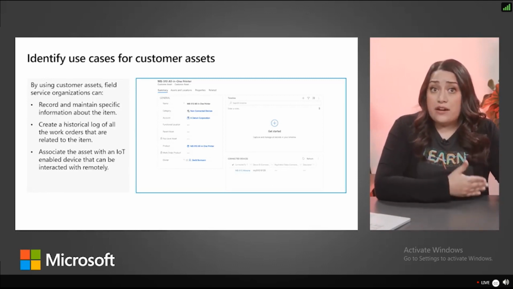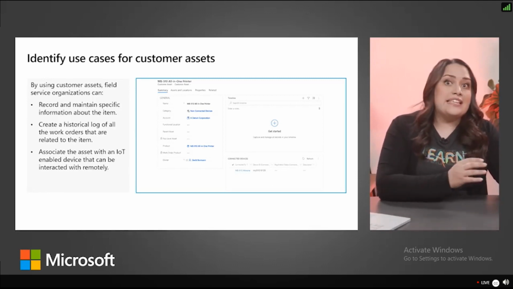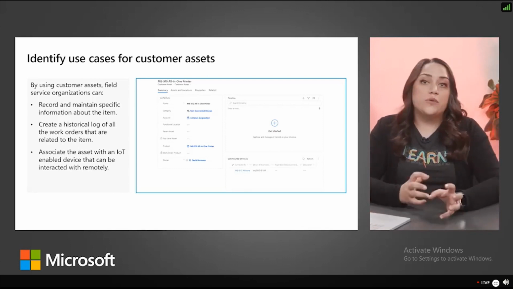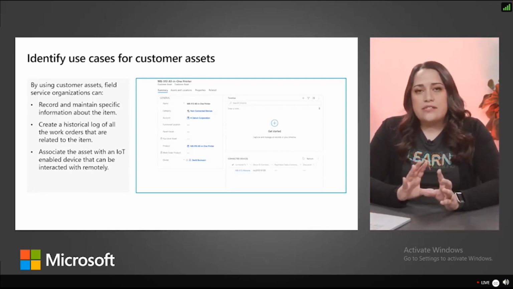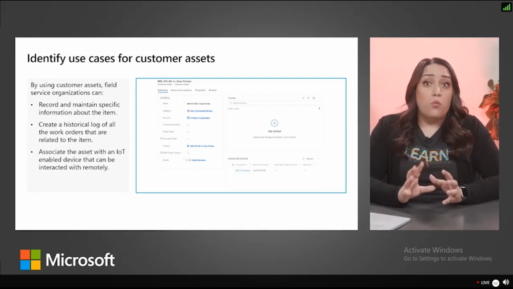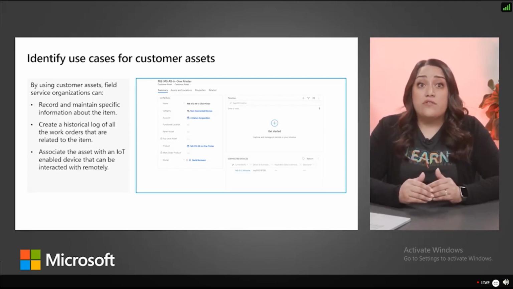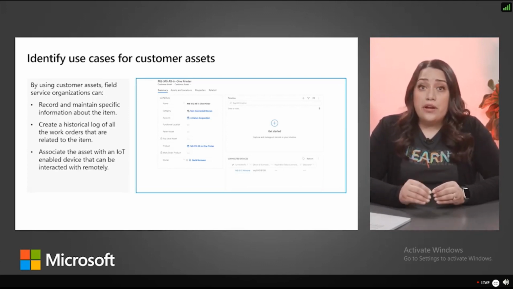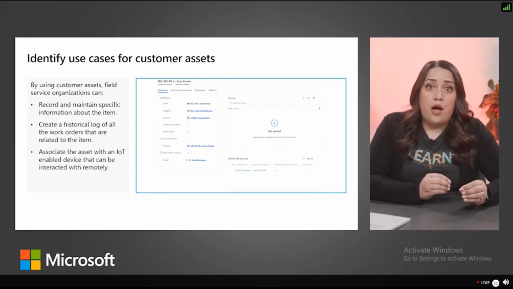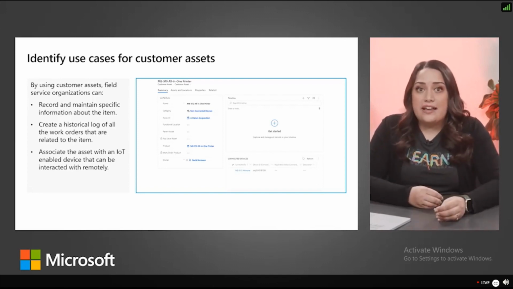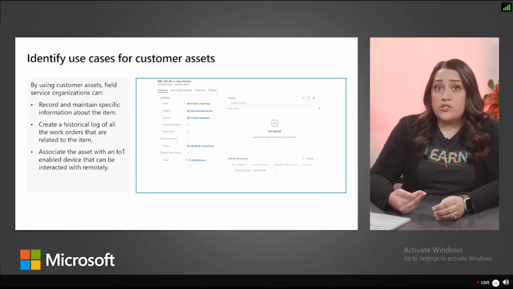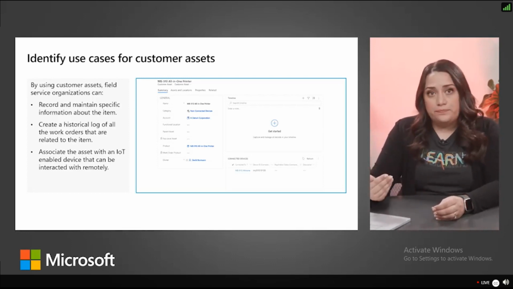After the product has been delivered to the customer, it is then automatically converted into an asset. So let's say I have a technician who completes a work order that includes the installation of a 3D printer. The printer is converted from a product to a customer asset that is then going to have work orders associated with it in the future.